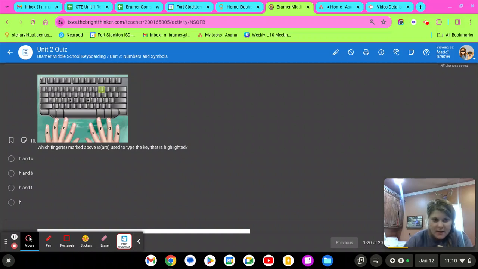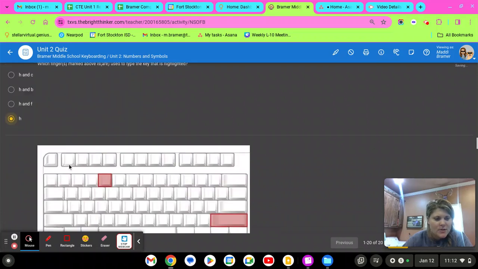Okay, and then that key that they're pointing to, we've got J going over to K, going over to L, and then we go up from there, O. We're looking at the 0 key. So what's going to type the 0 key? It's going to be my ring finger on the right hand. Actually, it's going to be my pinky. You're going to hit H.